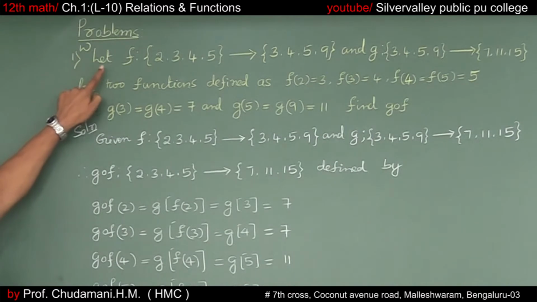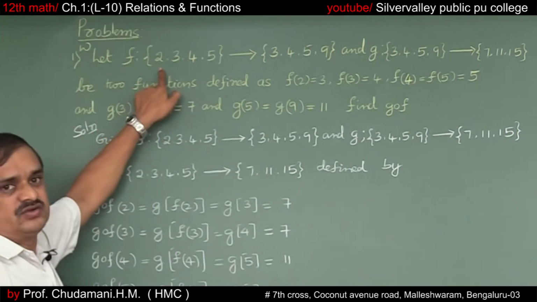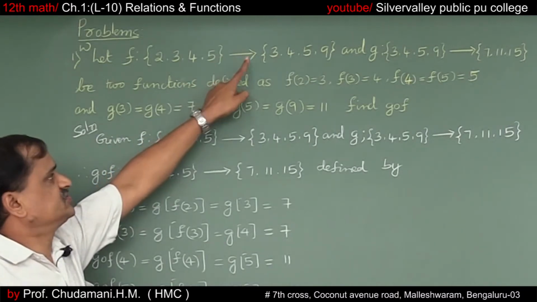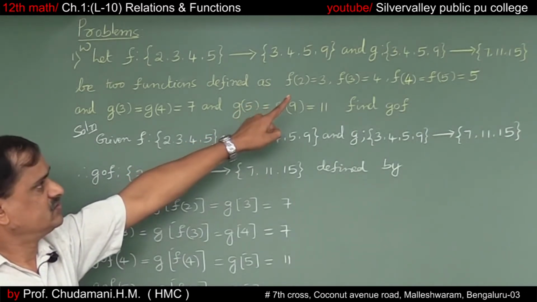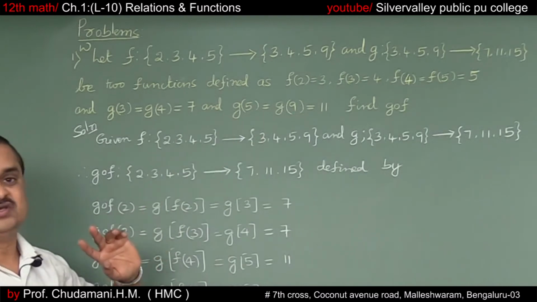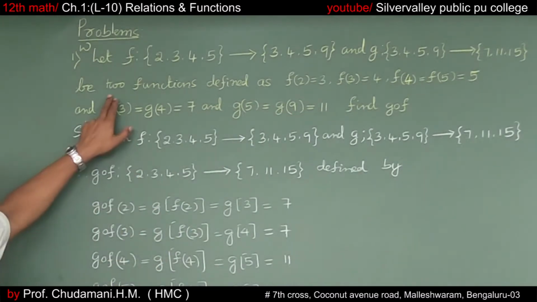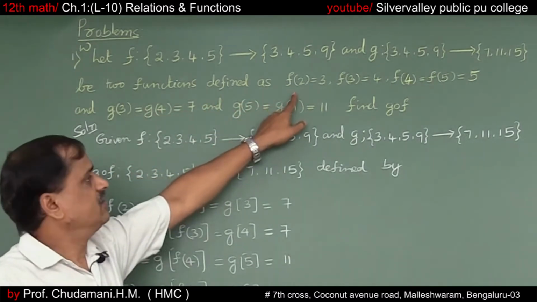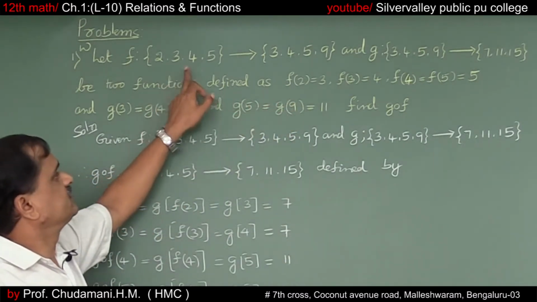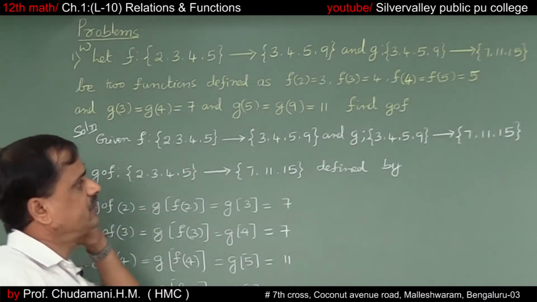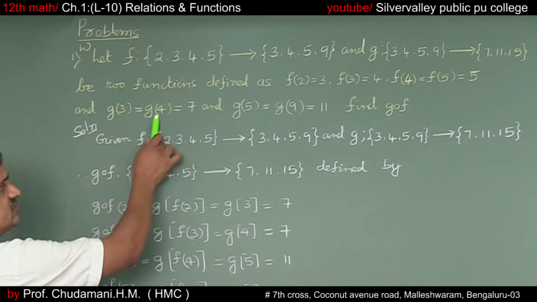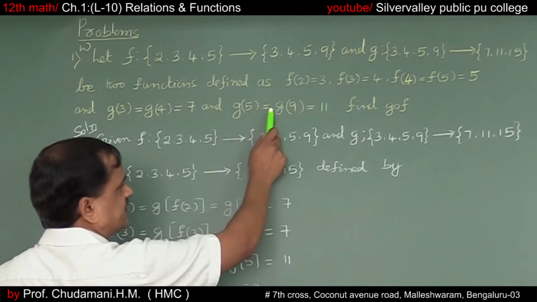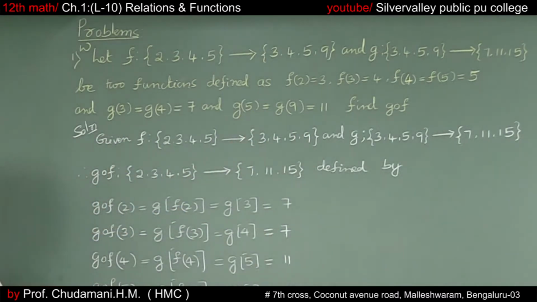Under that, first one, let f from the set {2, 3, 4, 5} to the set {3, 4, 5, 9} and another function g from the set {3, 4, 5, 9} to the set {7, 11, 15} be two functions defined as f of 2 equals 3, f of 3 is equal to 4, f of 4 is equal to 5, f of 5 is also 5, and g of 3 is 7, g of 4 is also 7, g of 5 is 7, g of 9 is equal to 11. Find composition of f and g, they are asking.